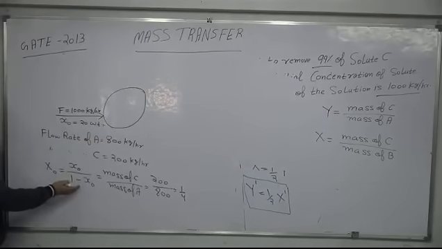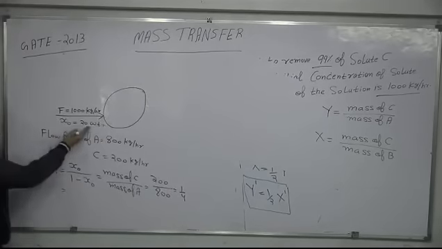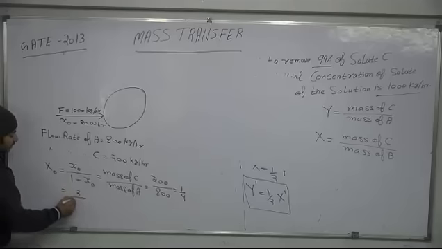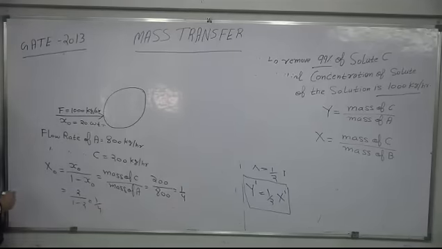Also if you calculate by the other method, small x naught is 0.2, so 0.2 by 1 minus 0.2 ultimately gives 1 by 4. So this is X naught.